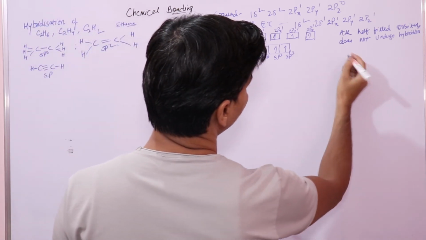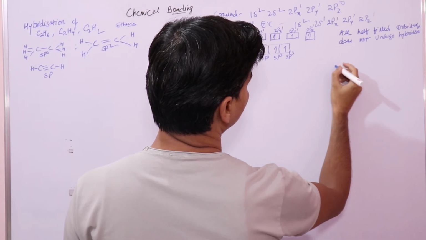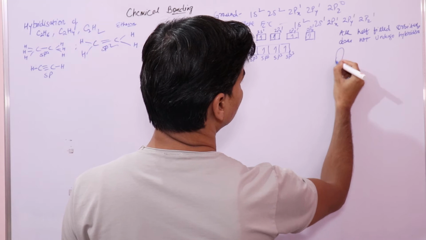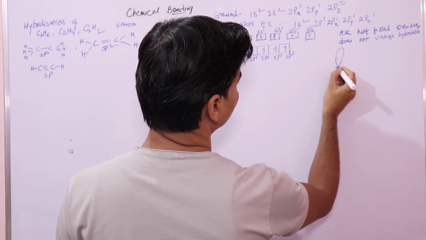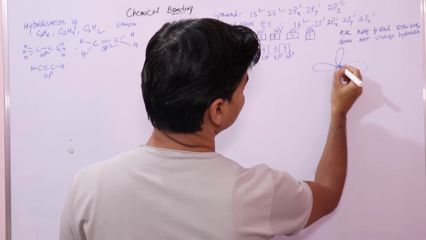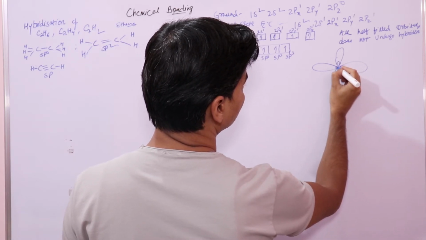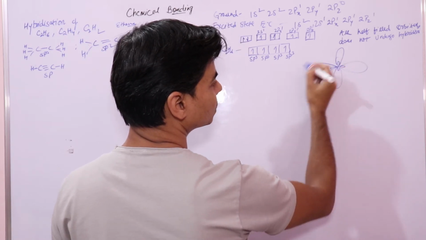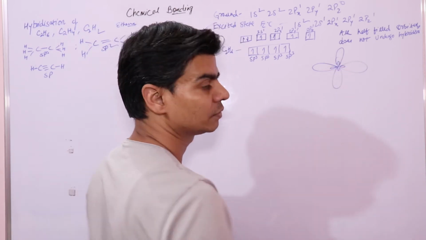So it would be like this, like this, like this. These are bigger lobes of each of the hybrid orbital.